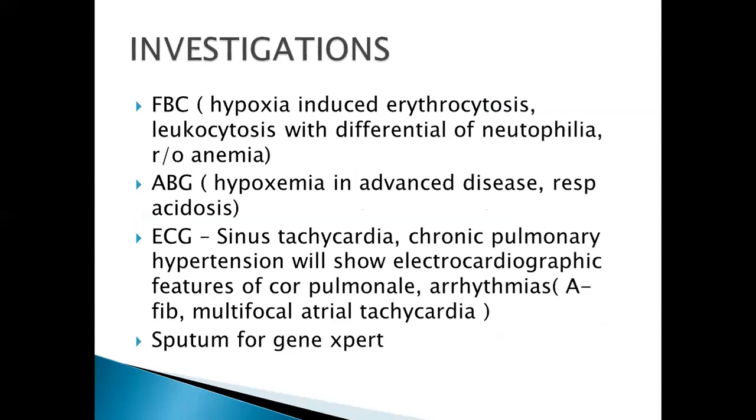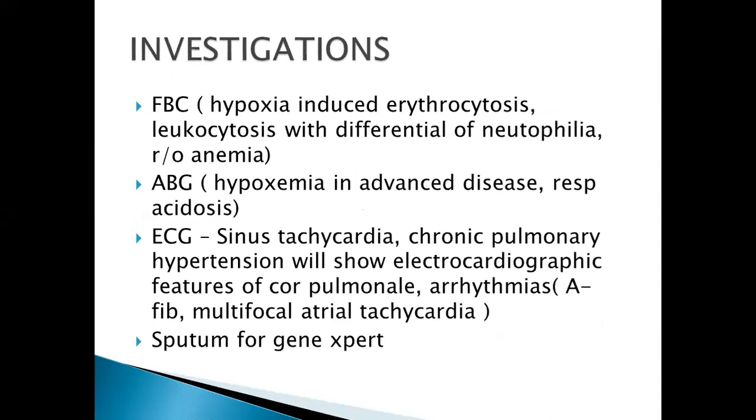So as investigations, usually there are complementary investigations that we do to either rule in or rule out other conditions. And then we have the gold standard for the diagnosis of COPD. So for the investigation, you will do your FBC. And then on the FBC, you could have elevated HB, which is as a result of the hypoxia.